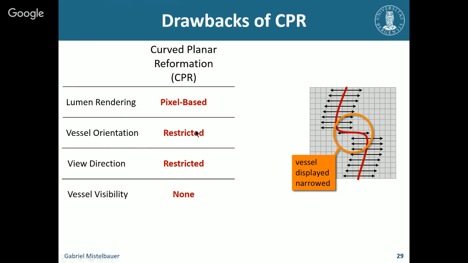Hence, there's a restriction with respect to the vessel orientation and also with respect to the view direction. Vessel visibility here essentially means what happens if we have multiple blood vessels that are in front of each other in depth. Then we can't really deal with that in CPR.